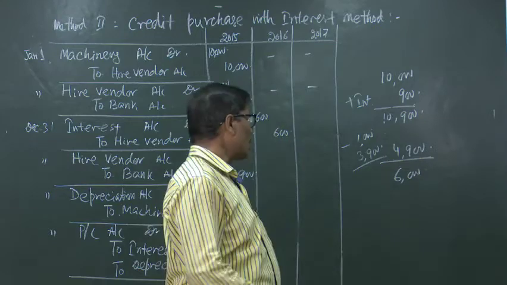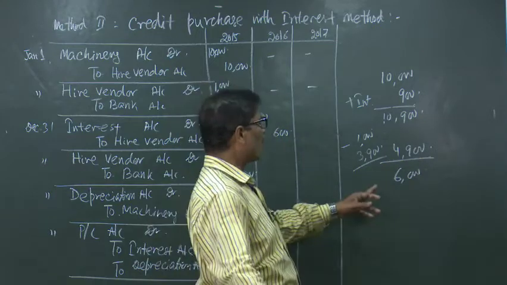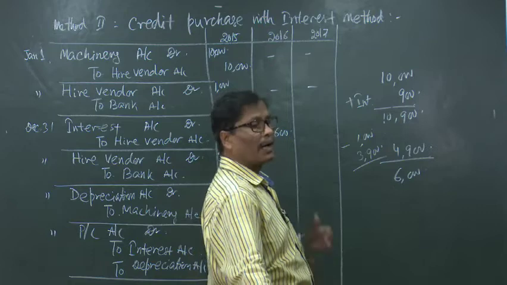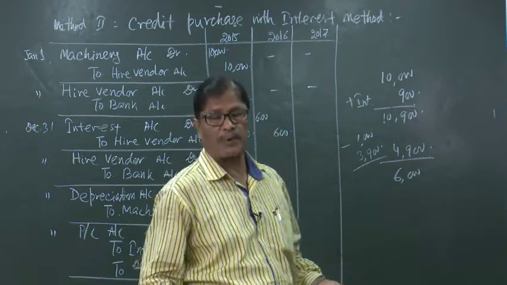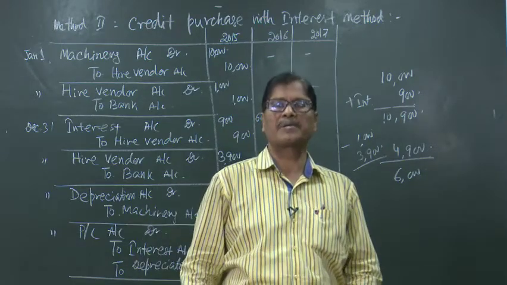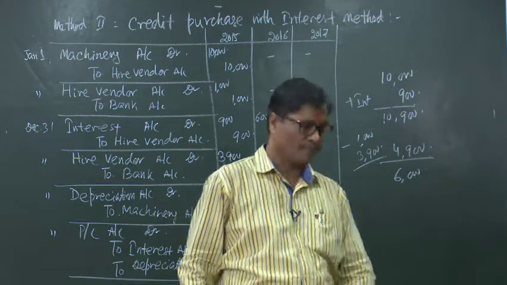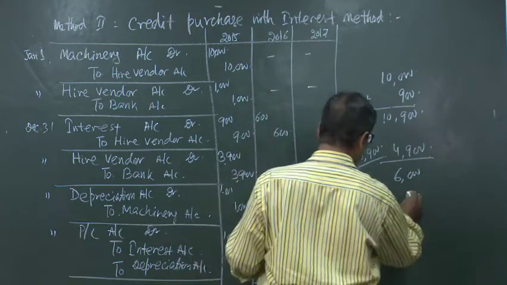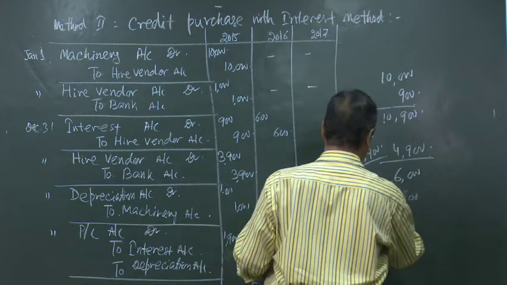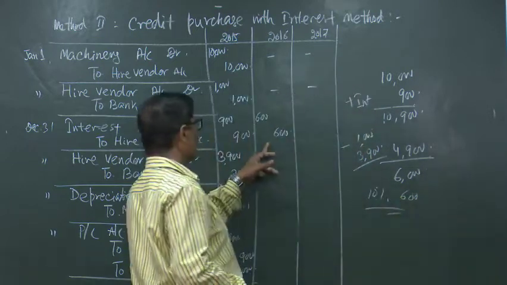So, the interest on the amount due to the hire vendor at the beginning, 6,000, at the end will be 10% of 6,000. 10% of 6,000 is equal to 600. So, this 600 we have written here.